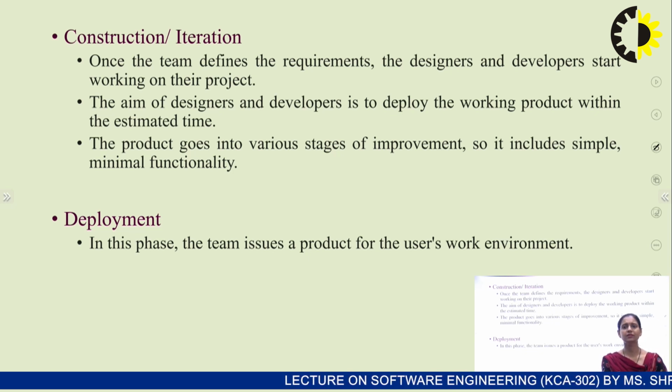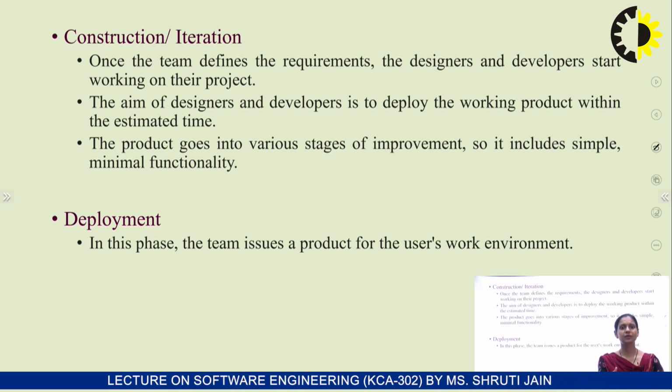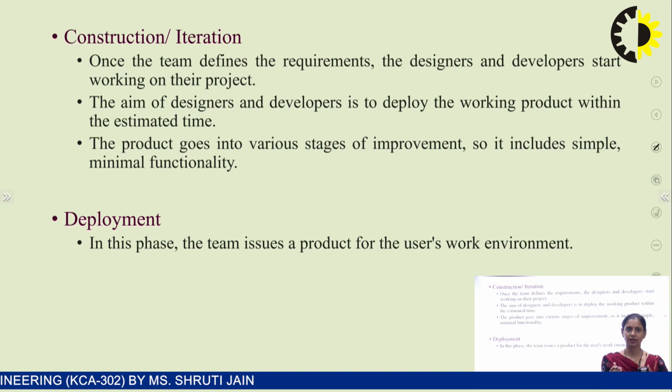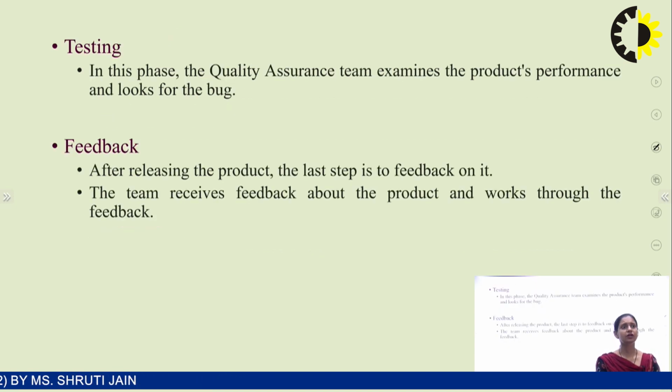Deployed here means basically that it is put into the user's environment, the environment related to the software the user would be using. So we will be deploying it in the environment which the user uses, and later on we move on to the testing phase.